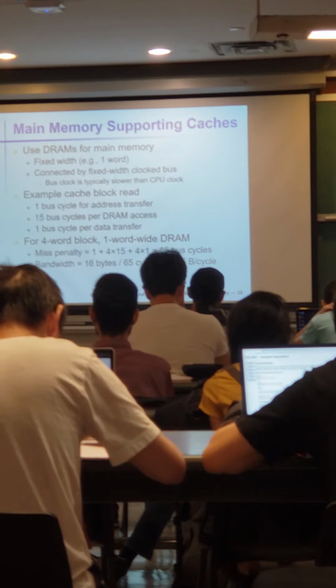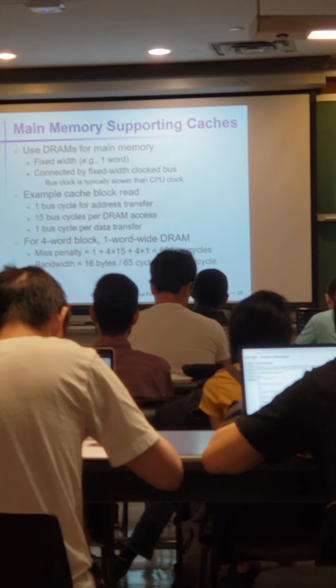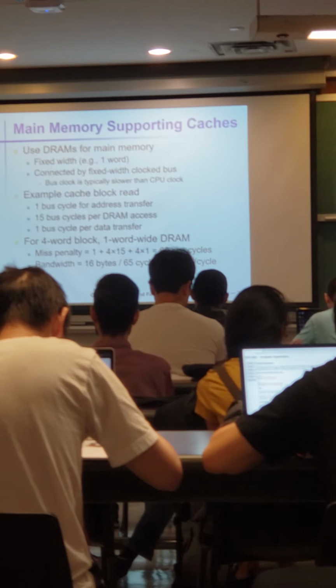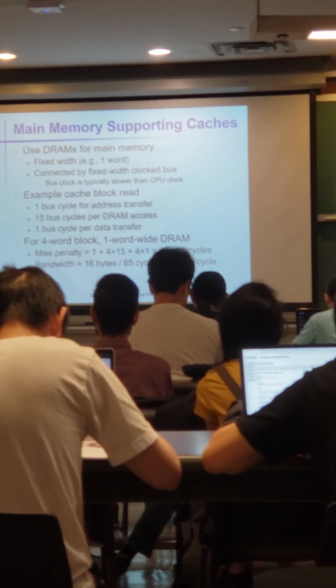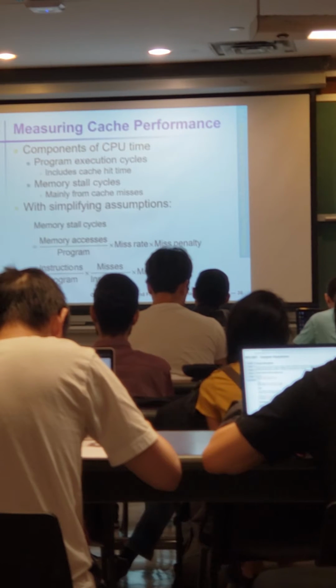Then you can estimate how many misses or hits you have on average, and you get some estimates of performance increase. But of course, it depends on the type of the code. So these are just rough estimates.